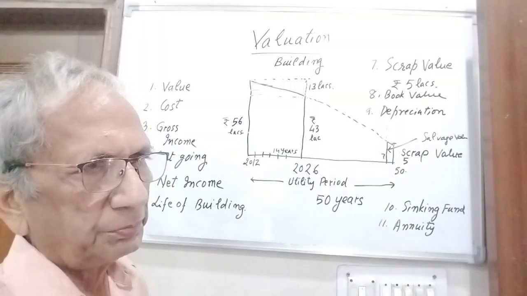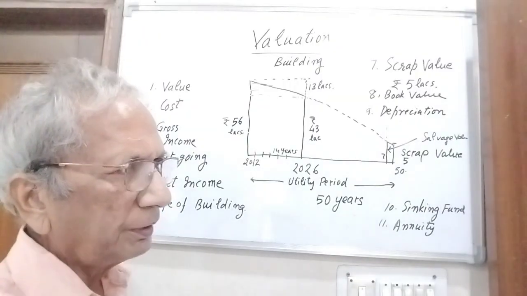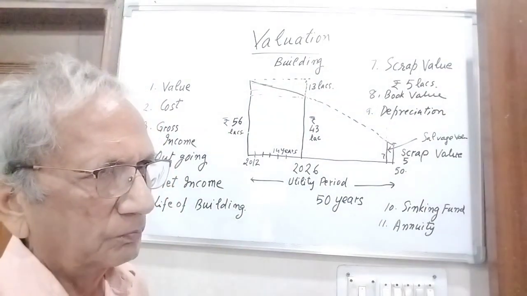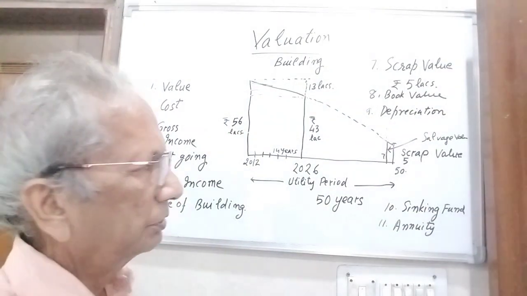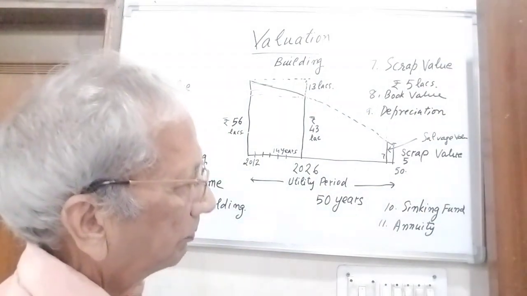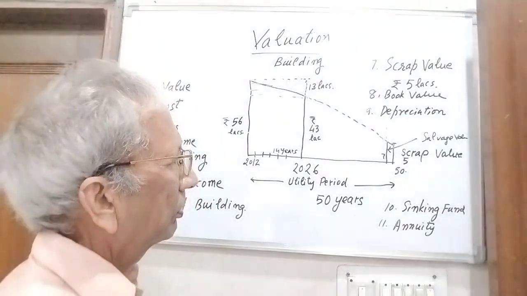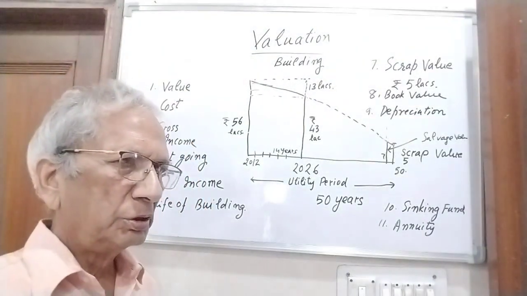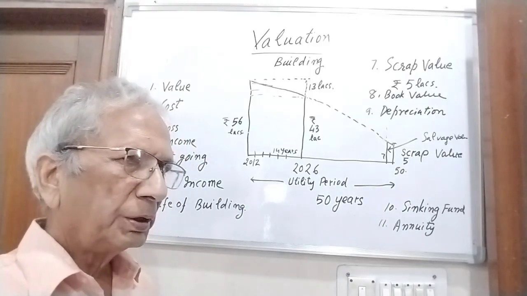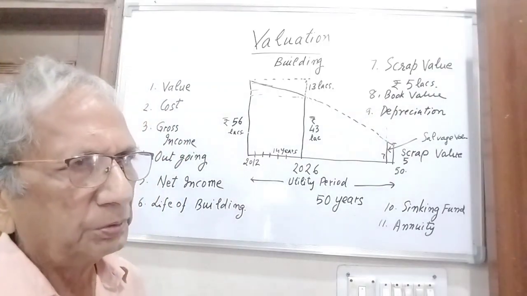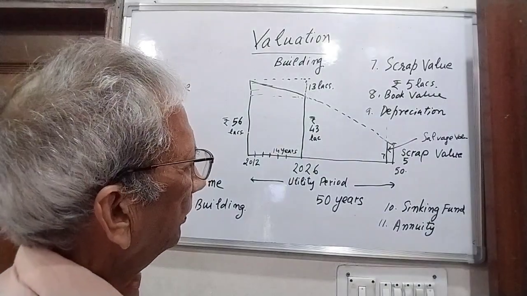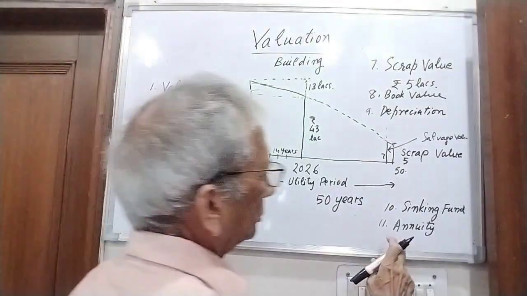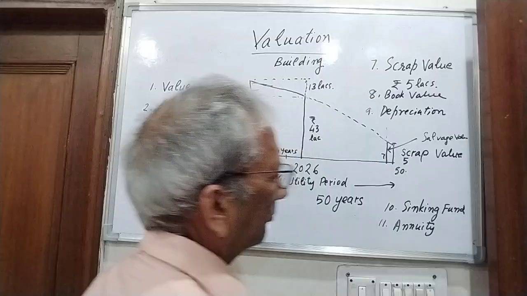Whatever funds we have taken as a loan from the bank, suppose we have taken 20 lakhs rupees from the bank, then we will make repayment to the bank every year, maybe at the start of the year or maybe at the end of the year. That payment is called annuity.